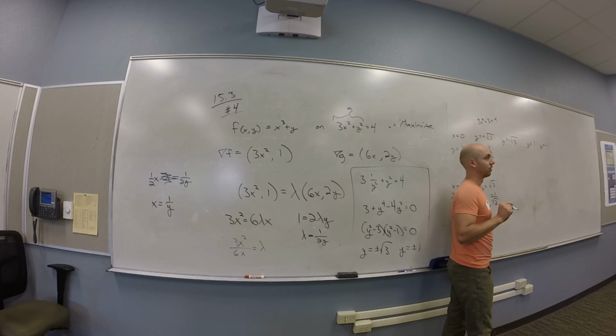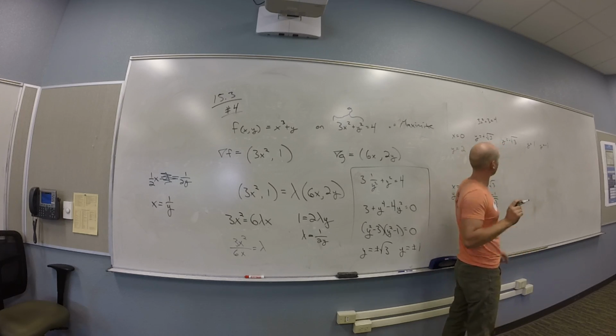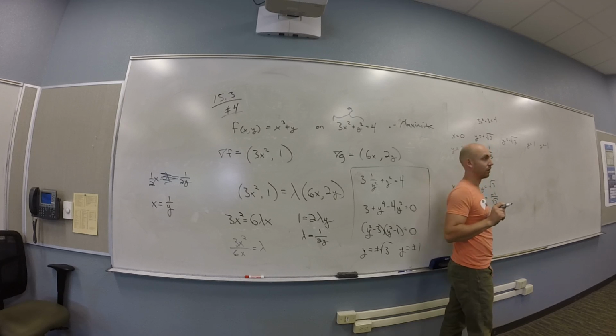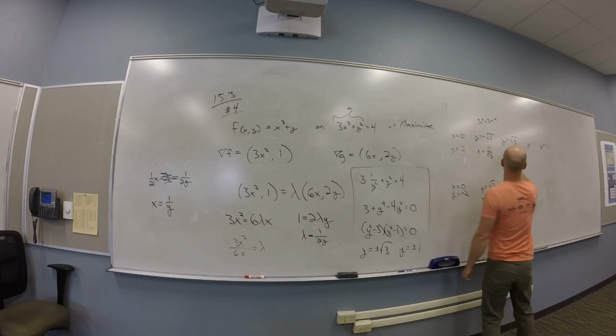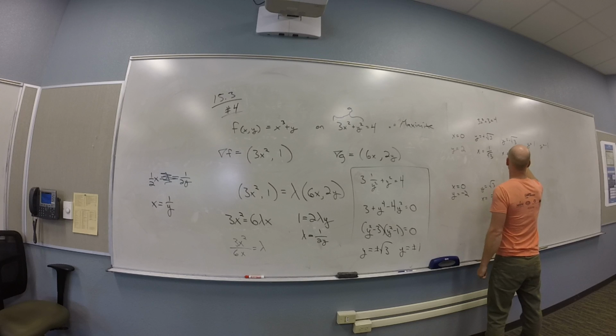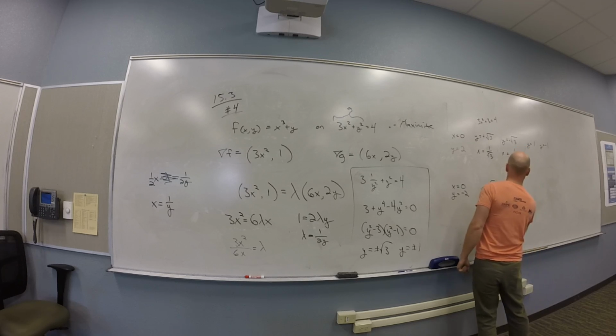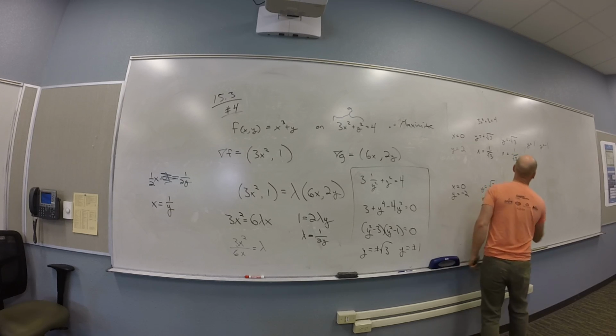See that? What are you going to get for the other one? Y is minus root 3. Same x's. You get x is 1 over the square root of 3 and y is minus root 3, x is minus 1 over the square root of 3.